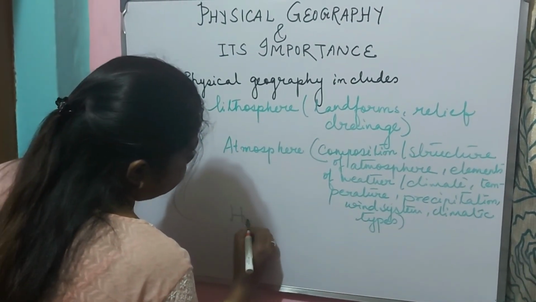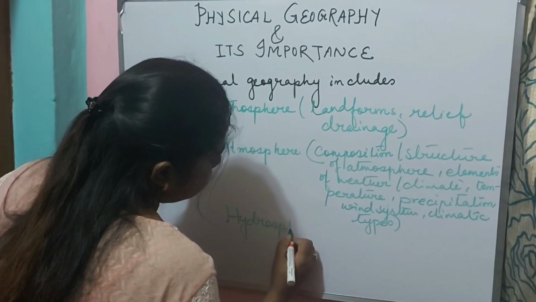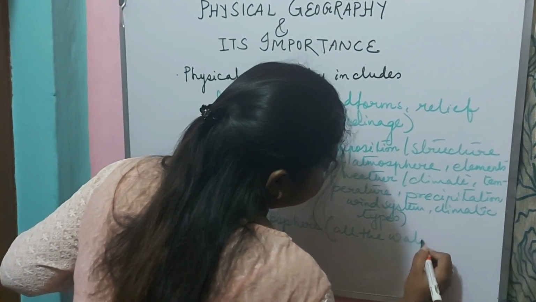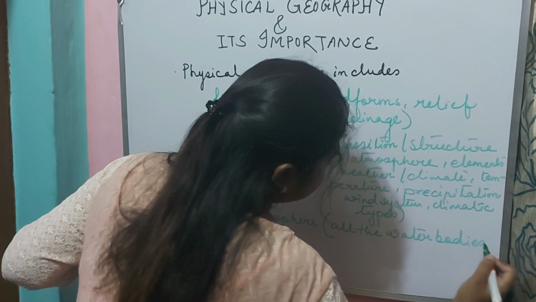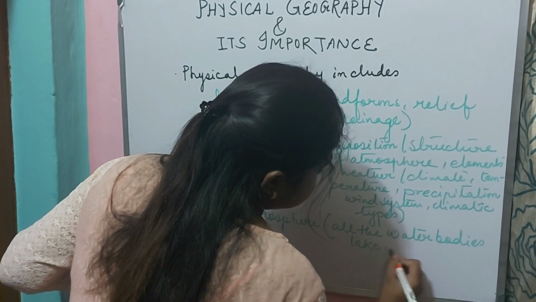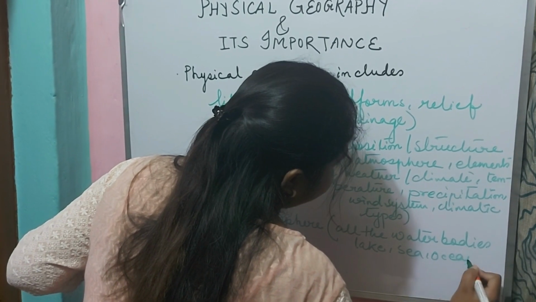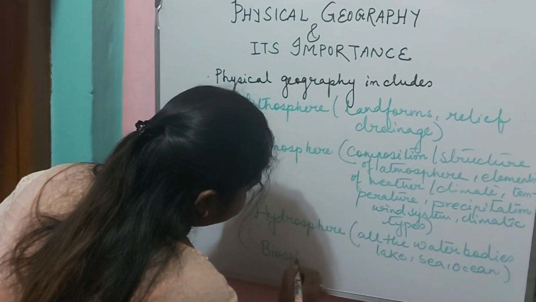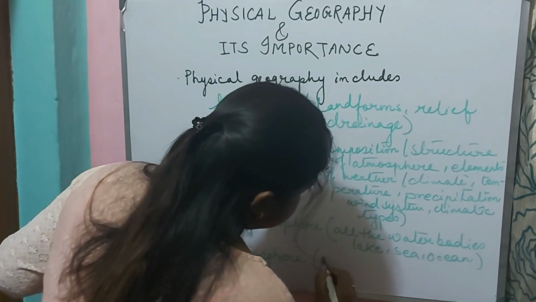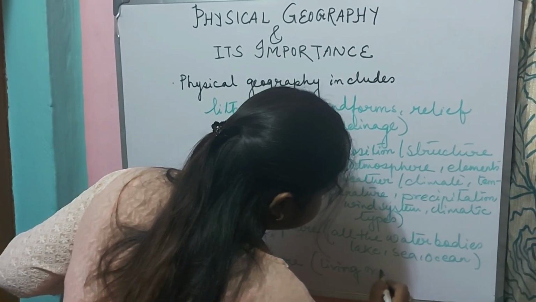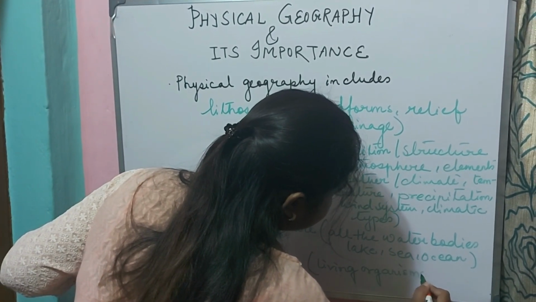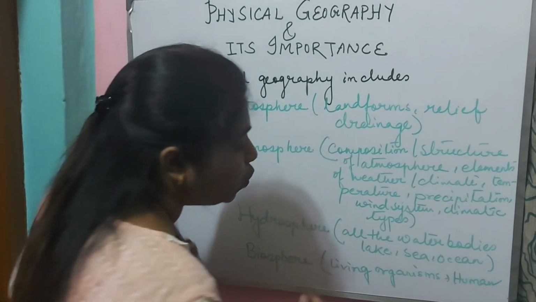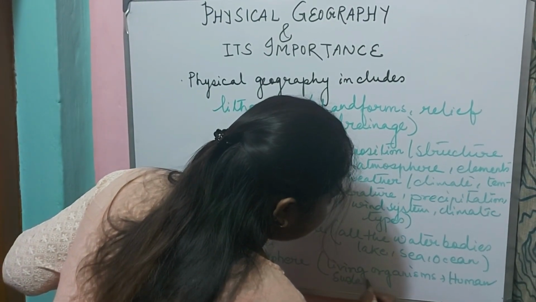It includes the hydrosphere, that means including all the water bodies: lake, sea, ocean, river, or any other water bodies. And it also includes the biosphere, which means living organisms, human beings, and it also includes their sustaining mechanism.